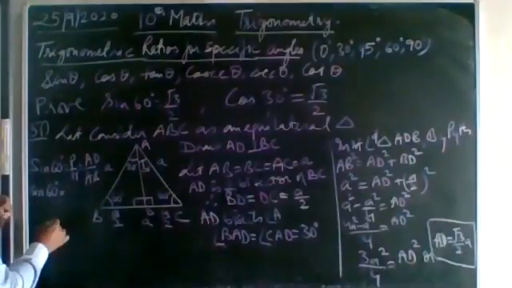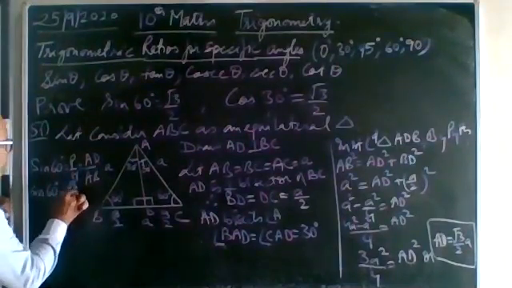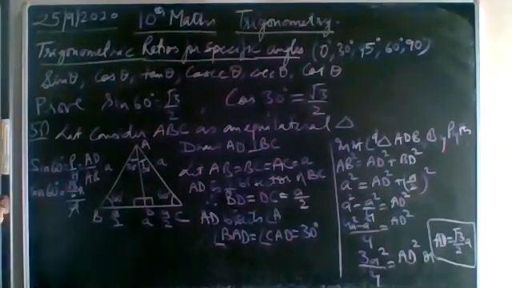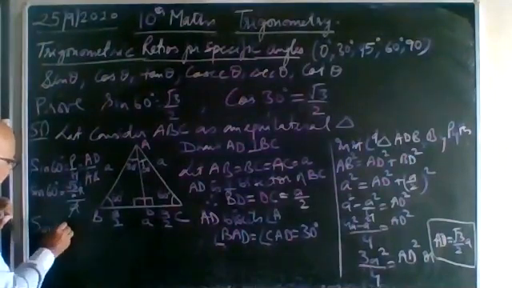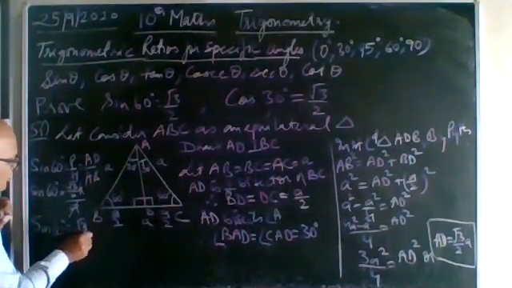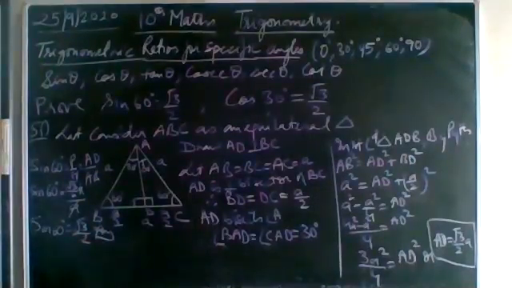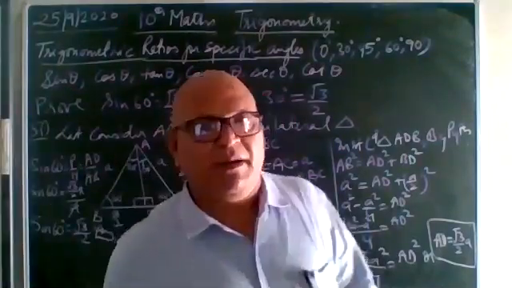AD is root 3 by 2 A upon A. This A and this A cancel. So you will say sin 60 degree equal to root 3 by 2. Answer. Any problem in this?